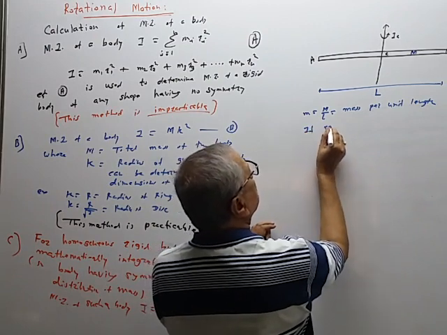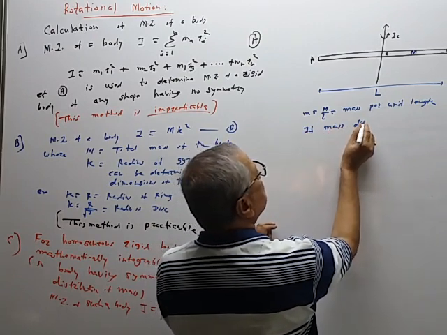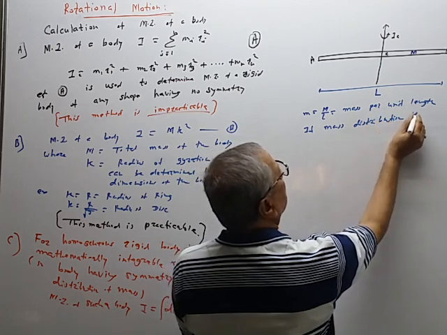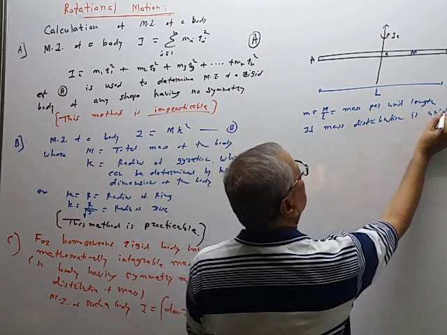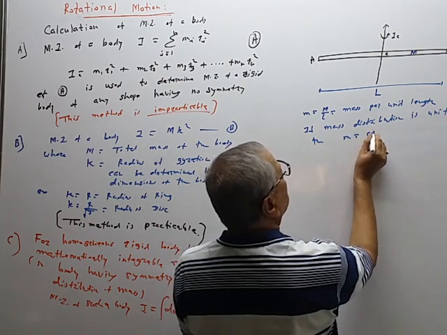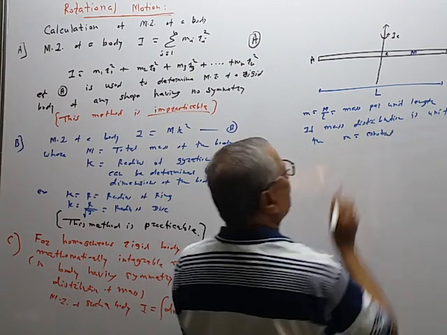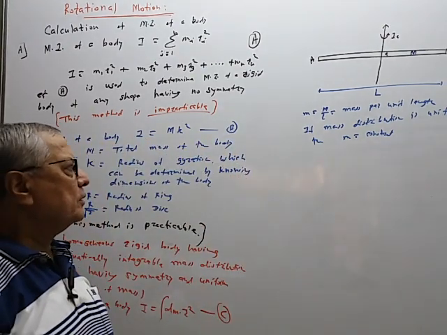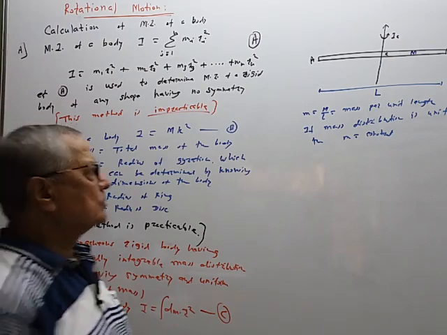If mass distribution is uniform, then m is equal to constant. Mass distribution is uniform, then this mass per unit length will be constant.